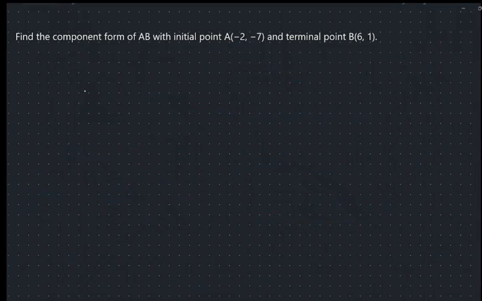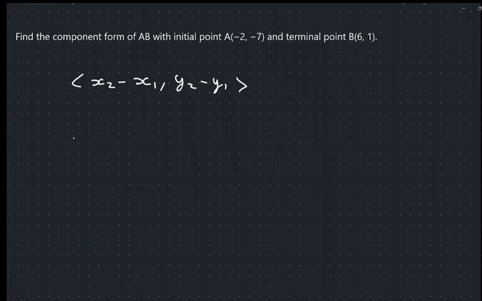Now another example here with the same idea. Find the component form of AB with initial point -2 and -7 and terminal point 6 and 1. So again, the component form is going to be x2 minus x1 and then y2 minus y1, and we will consider x1 and y1 to be the initial point, -2 and -7, and the terminal point to be 6 and 1, so x2 and y2.